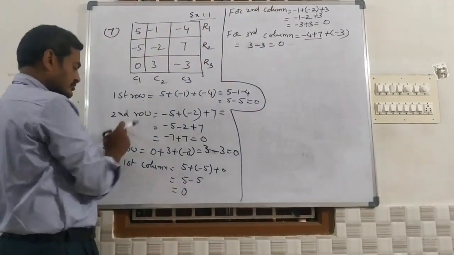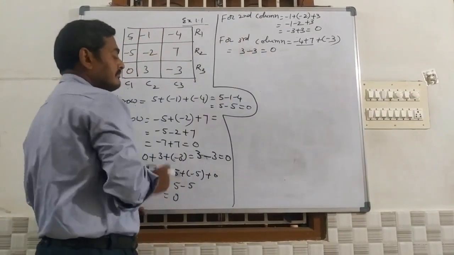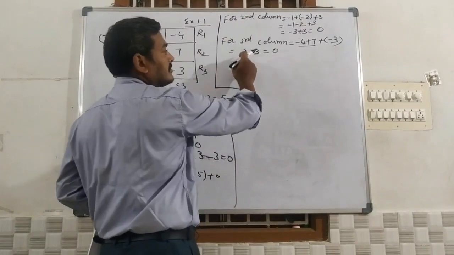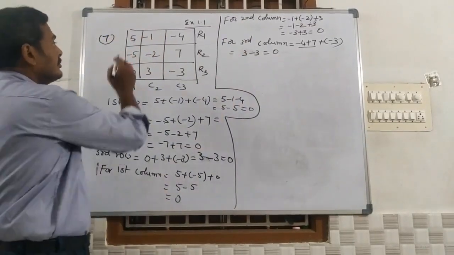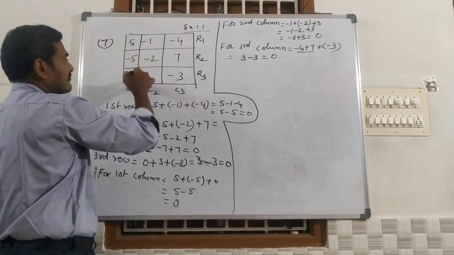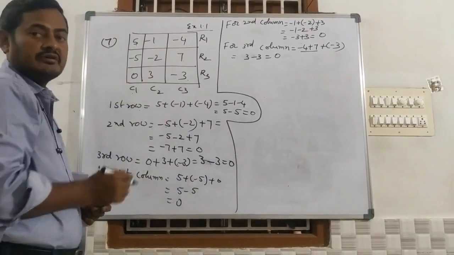So the sum of all rows is 0, and column 1, column 2, column 3 are also 0. Now this is row 1, row 2, row 3, and column 1, column 2, column 3. All the rows and all the columns are zeros.